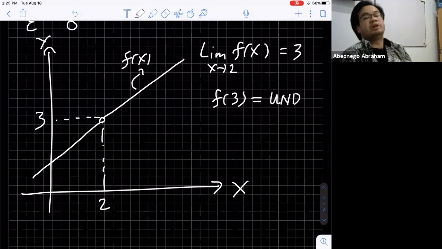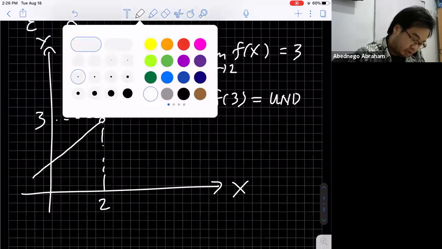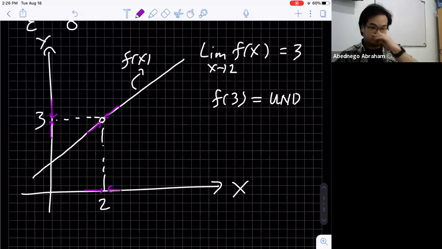Again, the limit is not the exact value of the function, but the value that is approached by f(x) as x approaches a certain number. In this case, f(x) is approaching 3 as x is approaching 2. The graph is approaching 3 as x approaches 2.